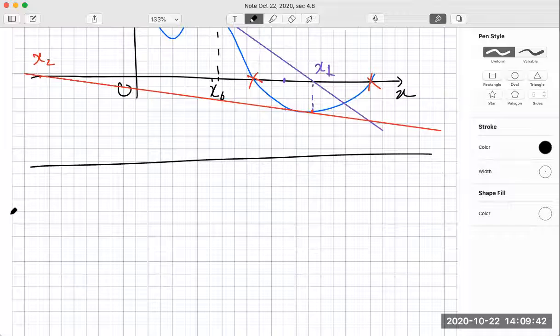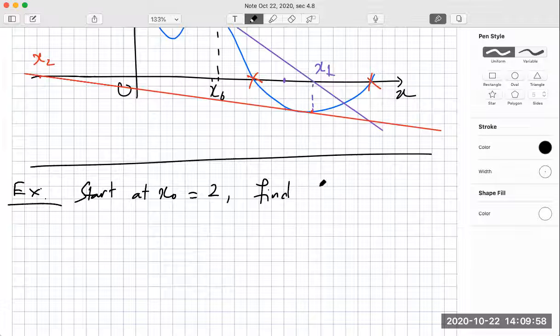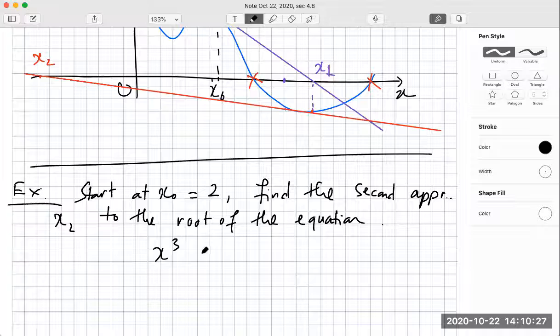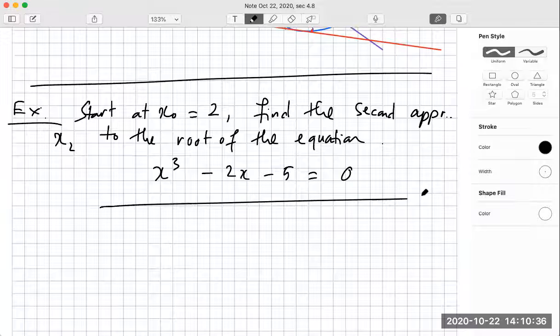Now, starting at x equal to 2, find the second approximation x2 to the root of the equation x cubed minus 2x minus 5 is equal to 0, using Newton method.